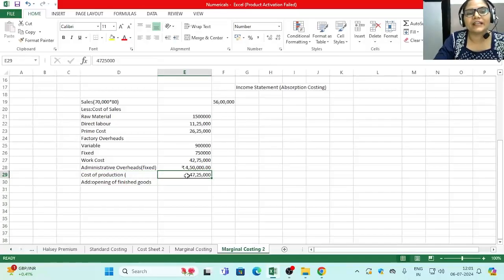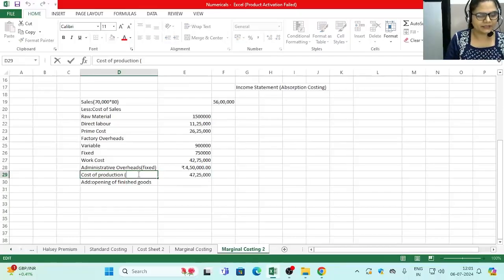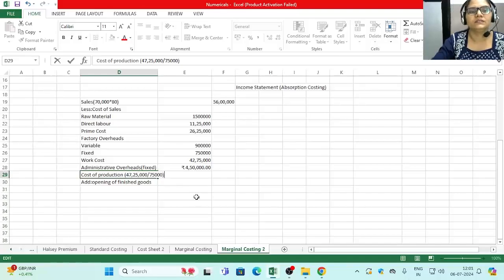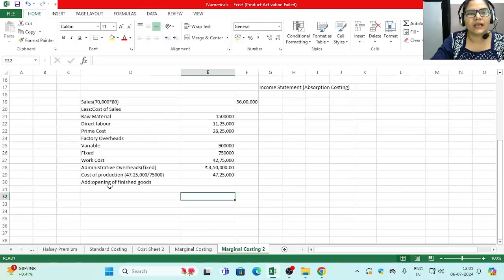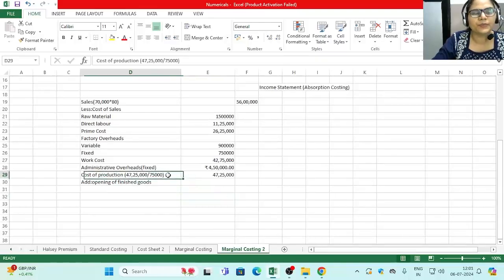We have to analyze what the cost per unit will be. So we will divide 47,25,000 by 75,000, and we will get rupees 63.